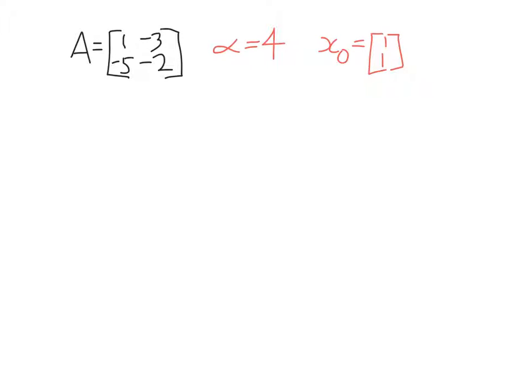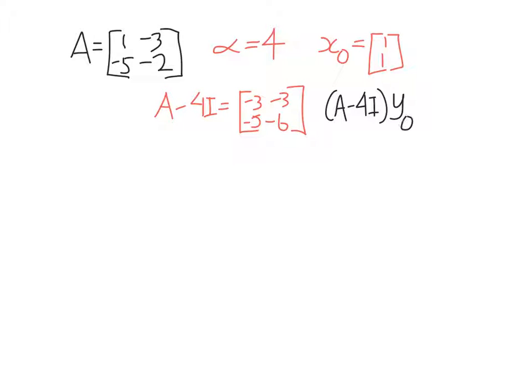So, following the steps on the previous slide, I first calculate A minus alpha I. So A minus 4I, I'm going to use this matrix quite a bit. So I just subtract 4 from the leading diagonals and I leave the others alone. So now what I'm going to do is solve (A minus 4I) times some vector y0 equal to x0, which was my original guess.